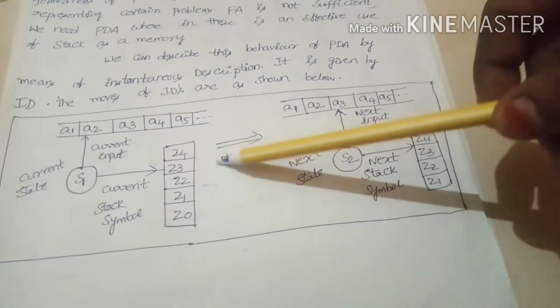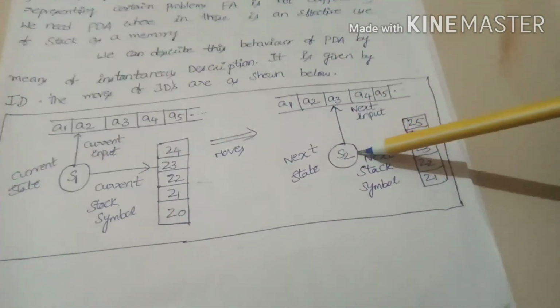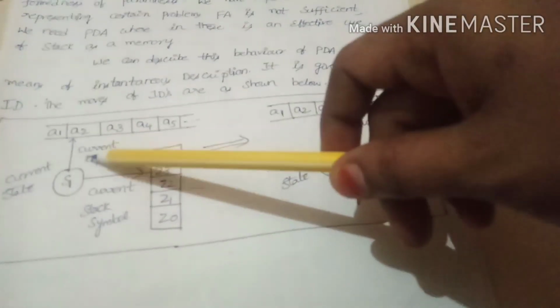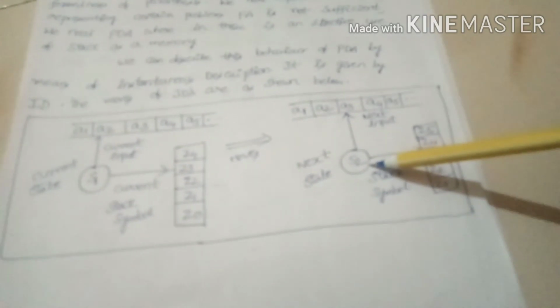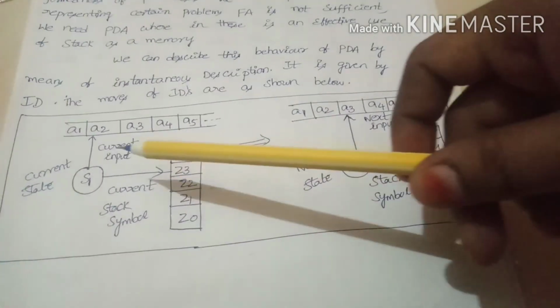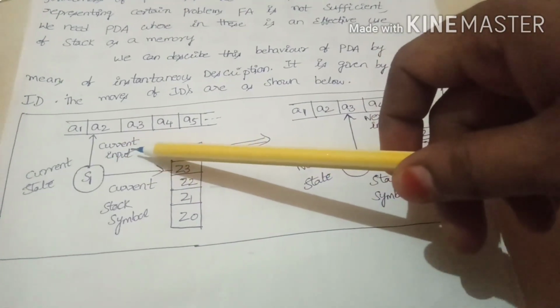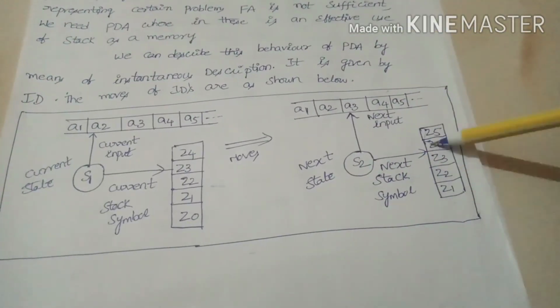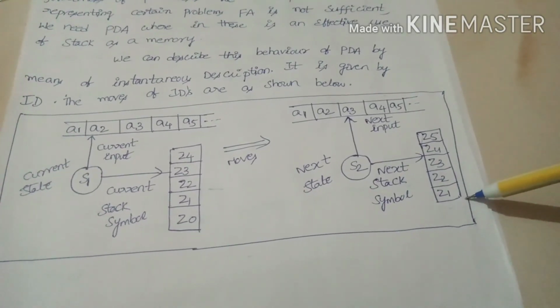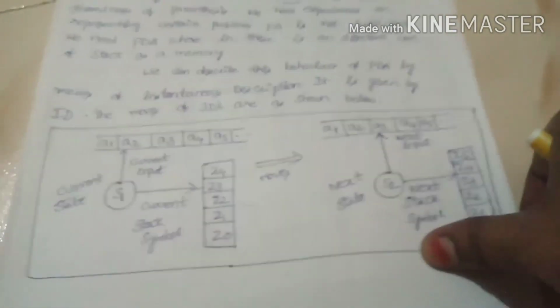Next, moves for IDs: going from the current state to another state S2, with input A1 to A5 and the stack symbols Z5, Z4, Z3, Z2, Z1.